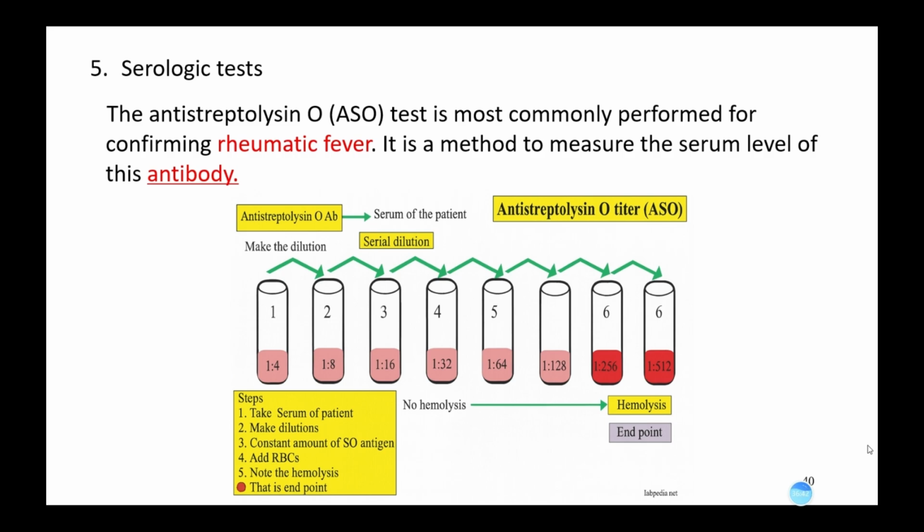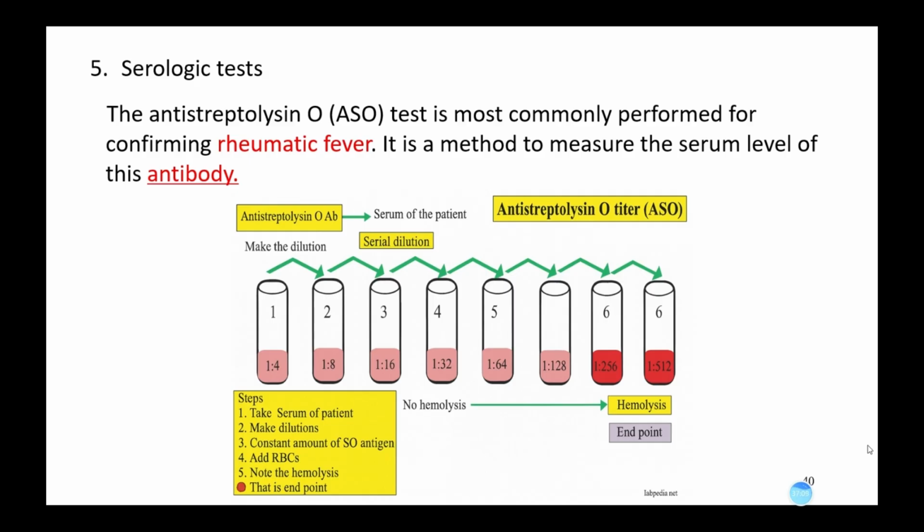The streptolysin O added to the tube will be neutralized by ASO, right? So after neutralization, there's no hemolysis anymore. But further dilution would dilute ASO so that it's not high enough to neutralize the streptolysin O you added. So you will see the hemolysis.